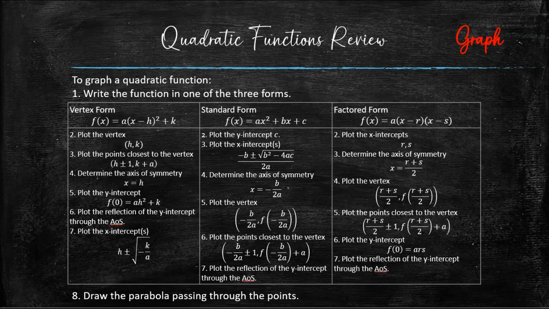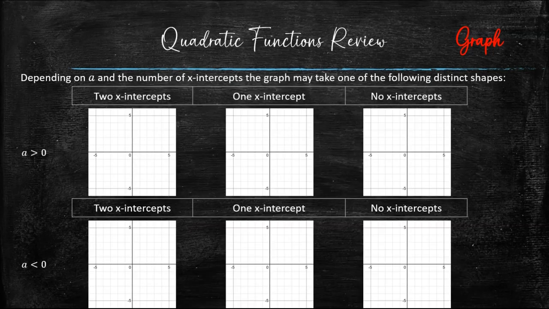Now that you graph the parabola, based on the shape of the graph, it can be classified as one of the following six images. So when the leading coefficient is positive, your parabola may have two x-intercepts when its vertex is below the x-axis. You may have one x-intercept when the vertex is on the x-axis, or you may have no x-intercepts when your vertex is above the x-axis.